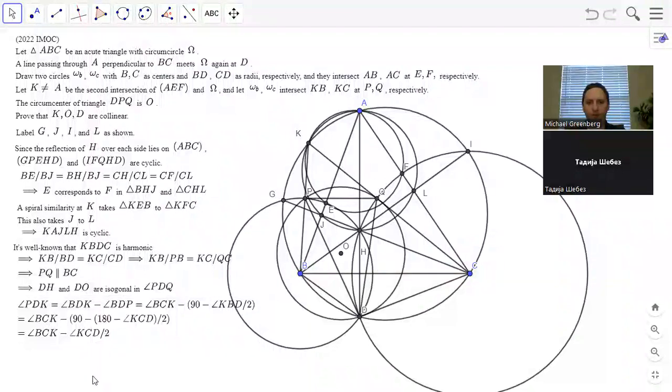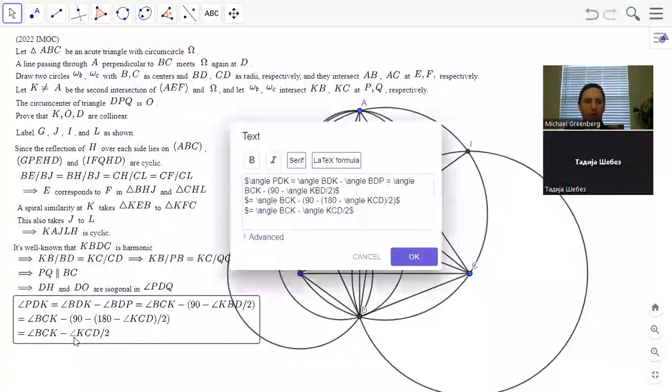Okay, so QDH is half of QCH, which is a quarter of ACH. So we want to show this is a quarter of ACH. Let's see. So BCK is BCH plus QCH. And then KCD, so yeah, I'll just write both of these.